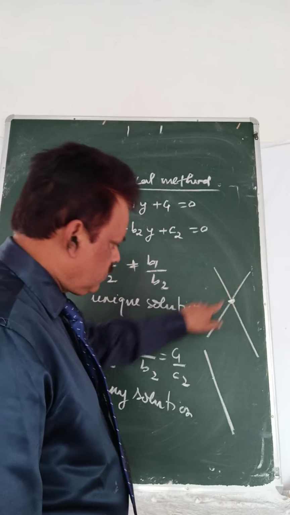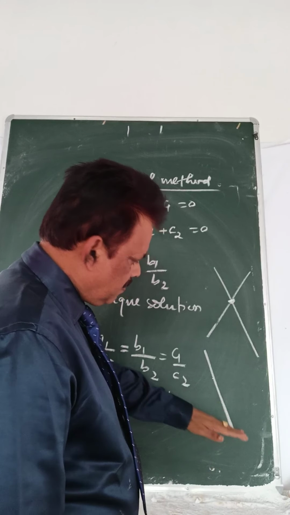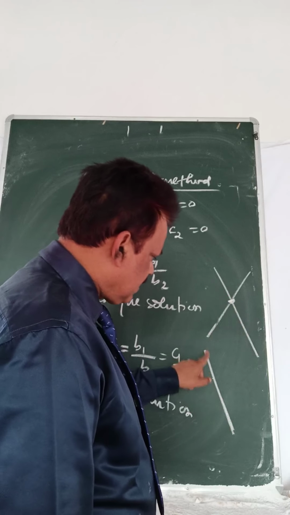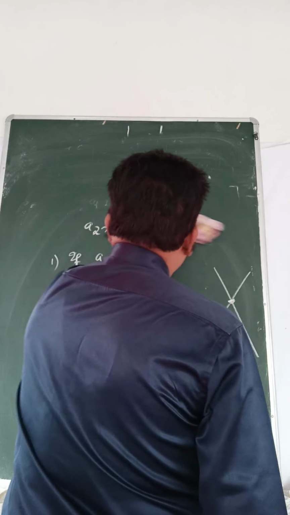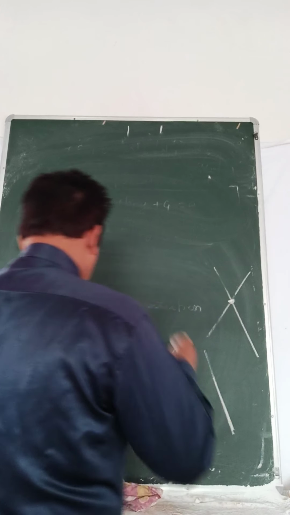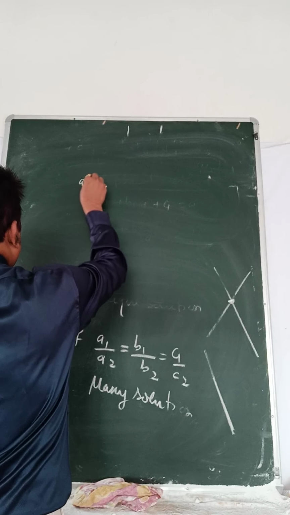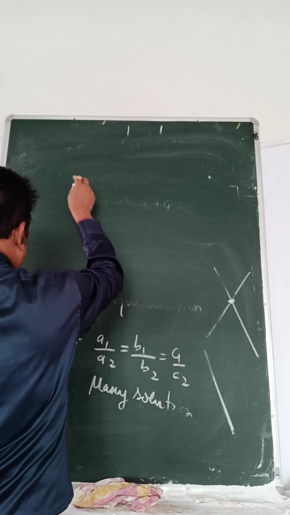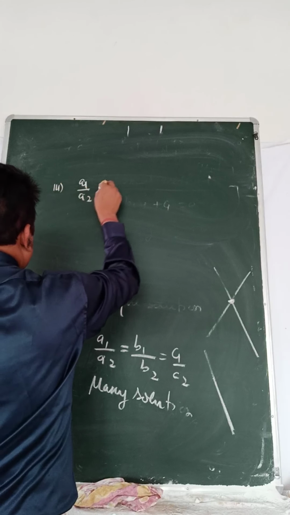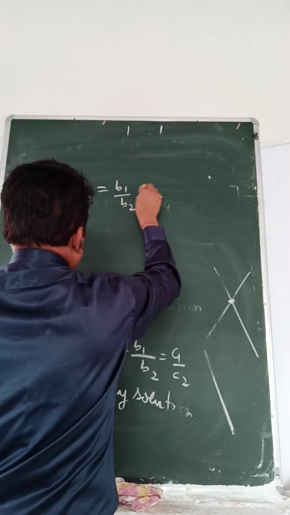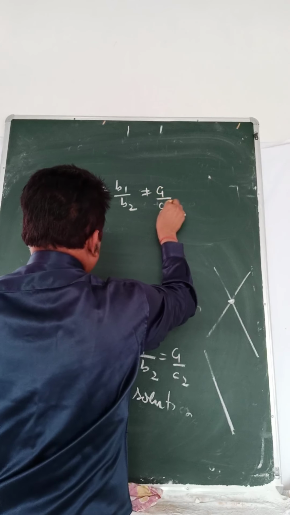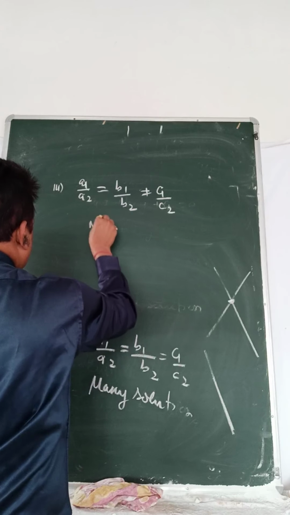These two lines will be the same line, one will pass over the other line. You will get a graph like this. Okay, if you find a1 by a2 equals b1 by b2 not equal to c1 by c2, this is no solution.